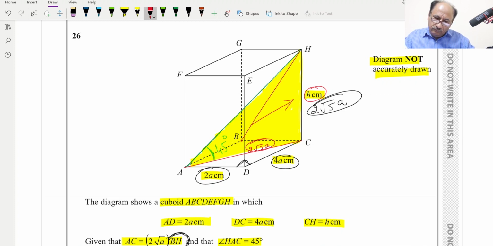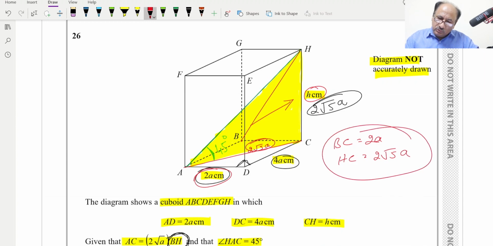Now for BH, we have these two sides. Basically this side BC is equal to 2A, which is equal to AD, and HC is equal to 2 under root 5A.